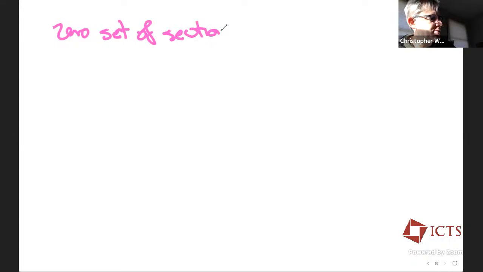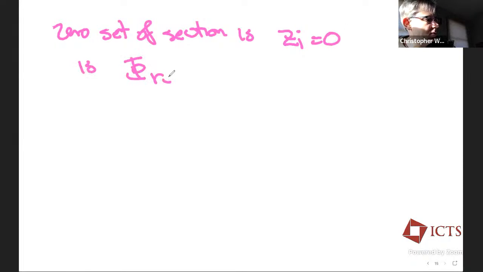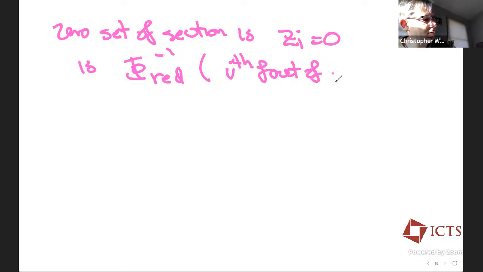And the zero set of this section, so you're setting the ith coordinate to be 0, this is exactly phi inverse of the ith facet of the polygon.